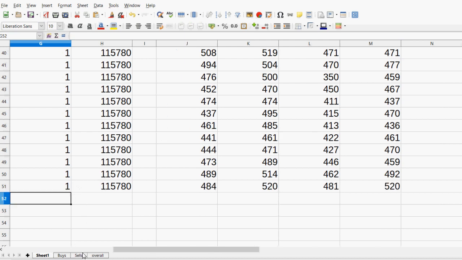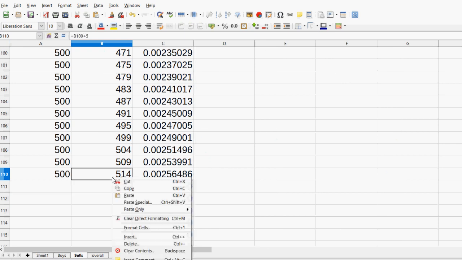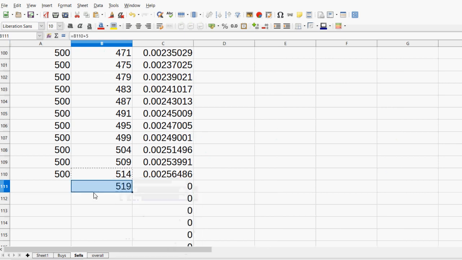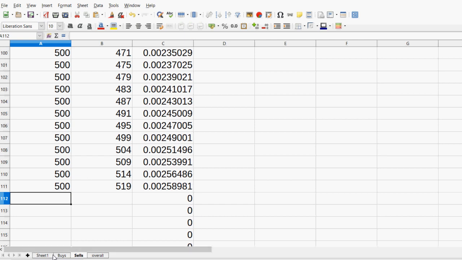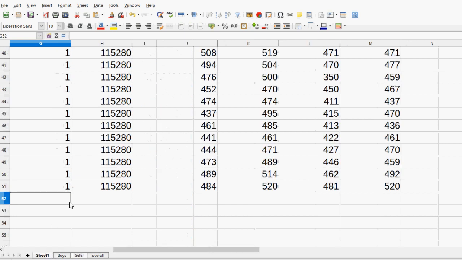But it goes up to 520. Not much of a sale, but one of them. So maybe 438 to buy. But it goes up to 550 instead.